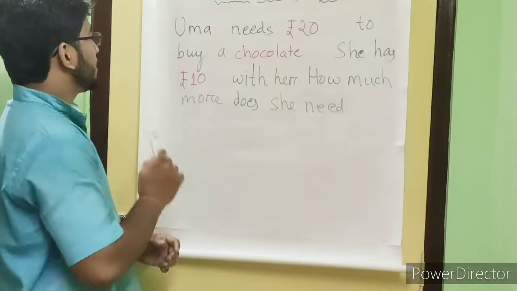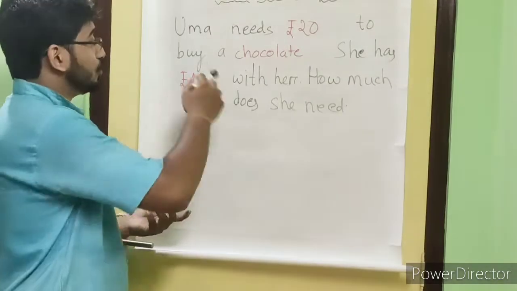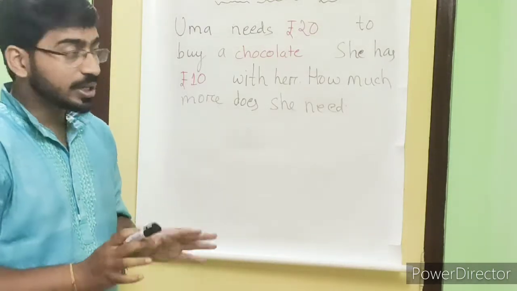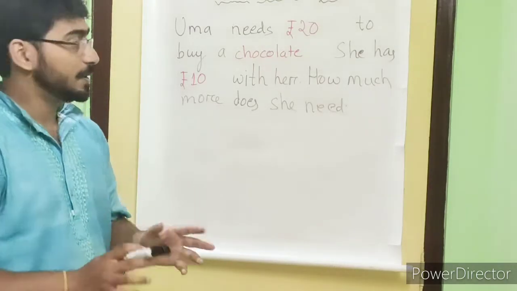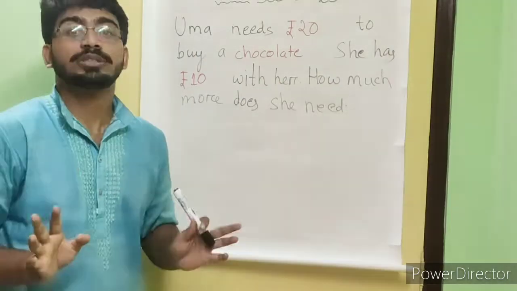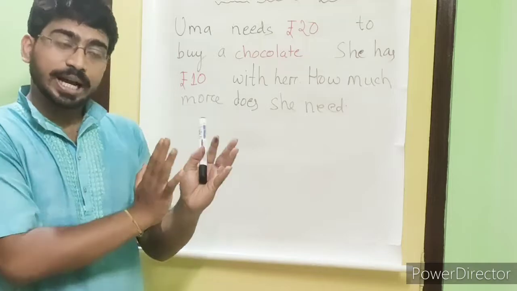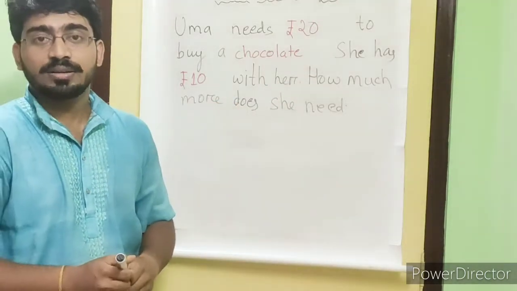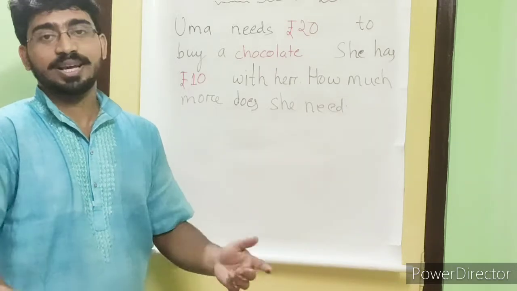Okay, now কি বলেছে একবার বাংলায় শুনে নিন। উমার দরকার 20 টাকা কিসের জন্য? চকলেট কিনবে। চকলেটটার দাম 20 টাকা, তাই ওর 20 টাকা দরকার। She has rupees 10 with her. ওর সাথে কত টাকা আছে? 10 টাকা আছে। ঠিক আছে, 20 টাকা লাগবে, 10 টাকা আছে। How much more does she need? I know you all can answer.